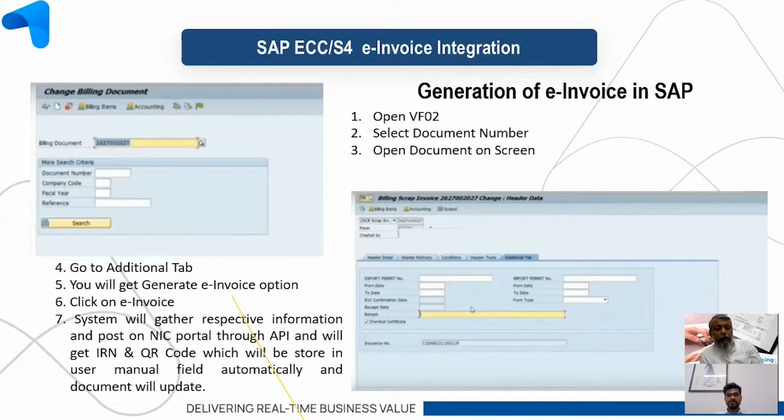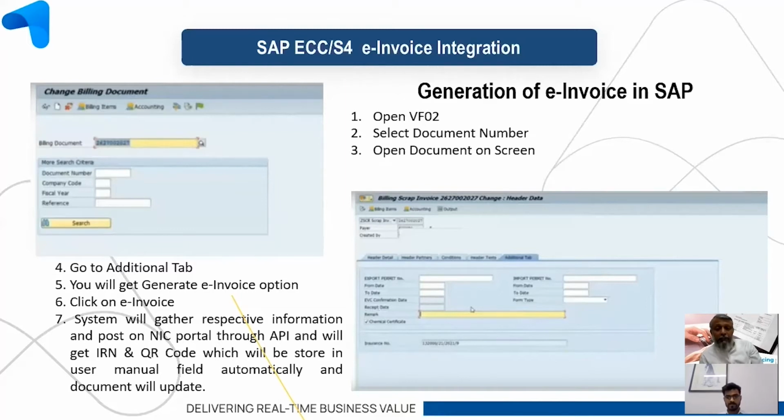Once we have done the transaction and booked the invoice, we can go to the invoice update, select the invoice and document number, and in the additional tab there is one button to generate the IRN.